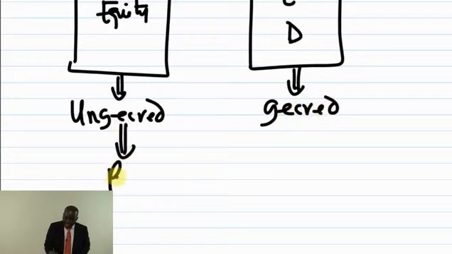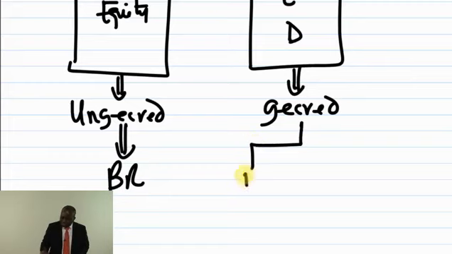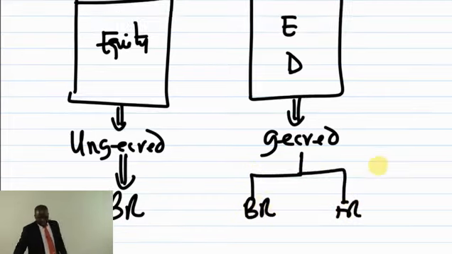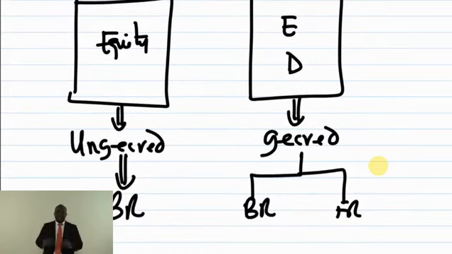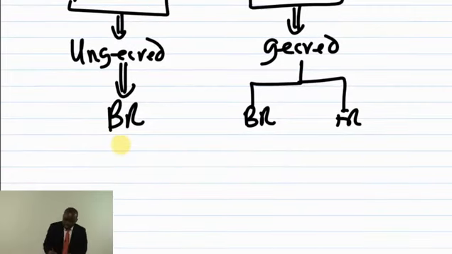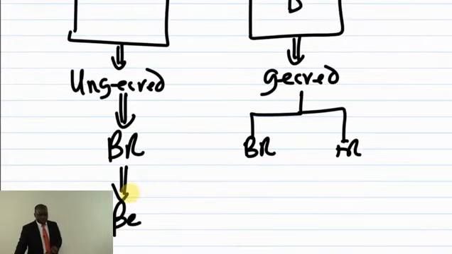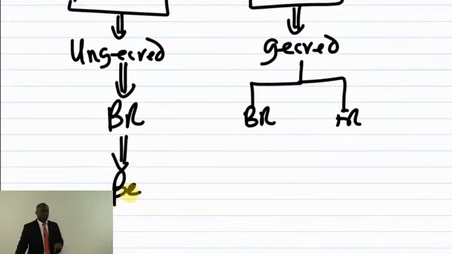If it's ungeared, it's having only business risk. If it is geared, business and then financial risk. Now, beta measures the systematic risk. So when I tell you the equity beta of this company, what risk will this equity beta measure?